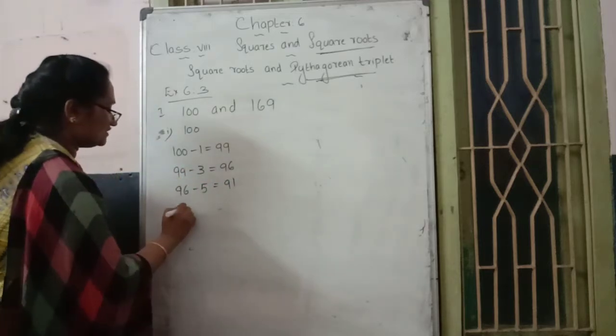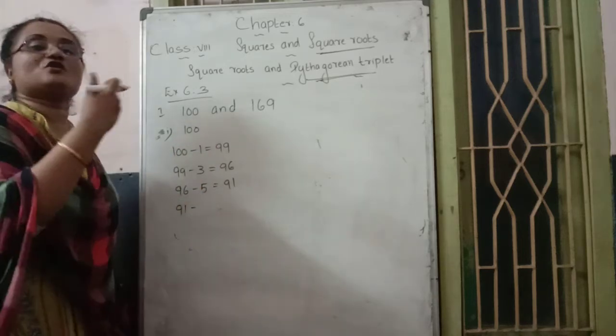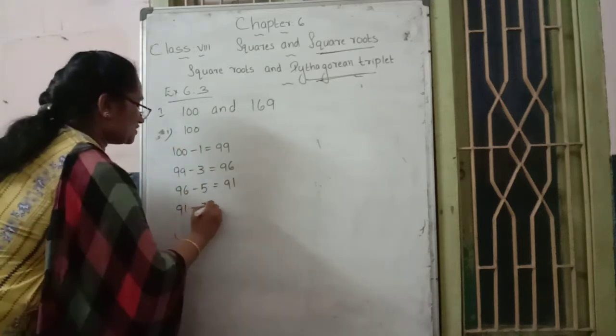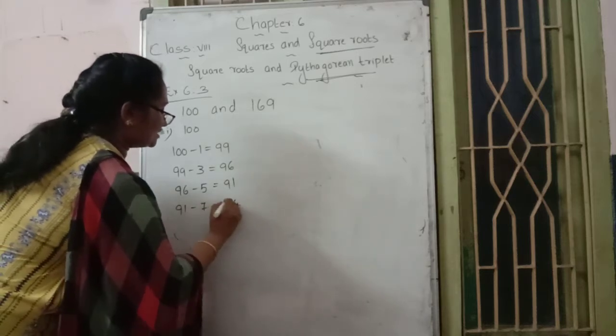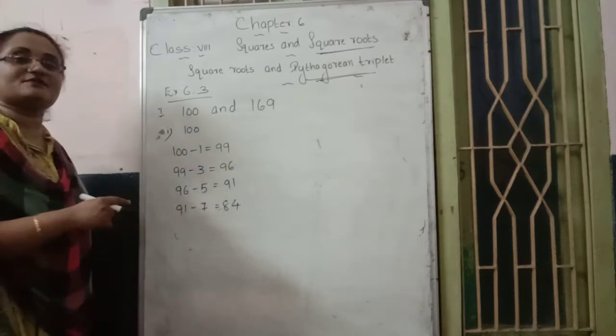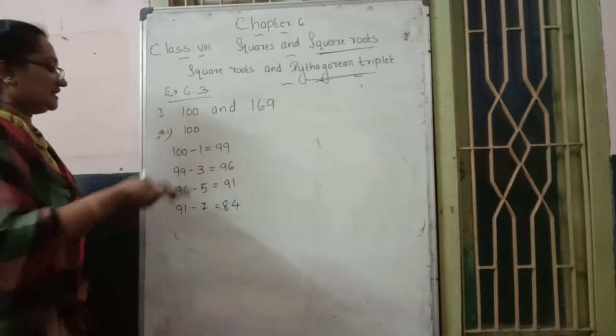Then again 91 is subtracted with the next odd number, 7. So 91 minus 7 becomes 84.